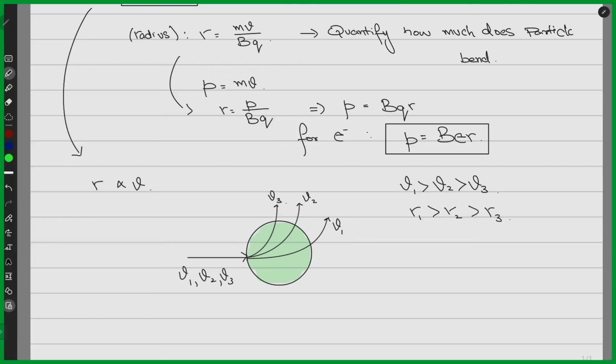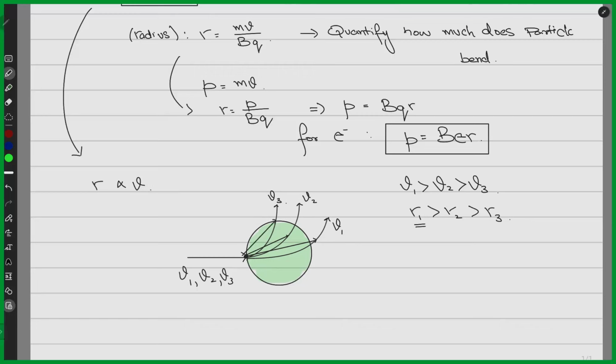Again, we got this from the fact that for velocity 1, the radius will be maximum. So you can see that this radius is maximum. So suppose this is the center, then this length is greater than this length, and this is greater than this length.